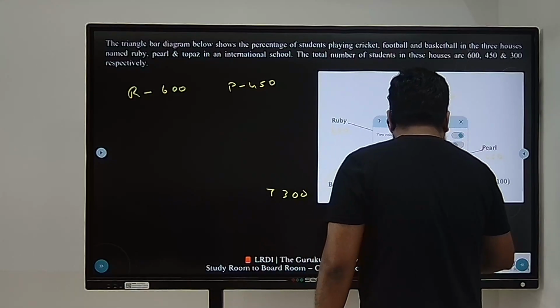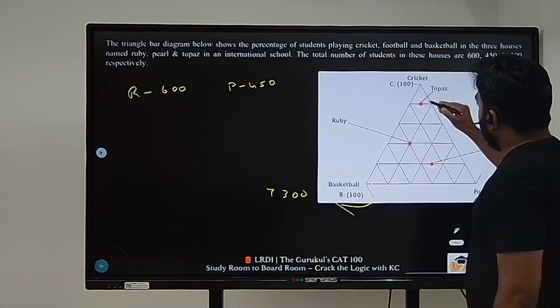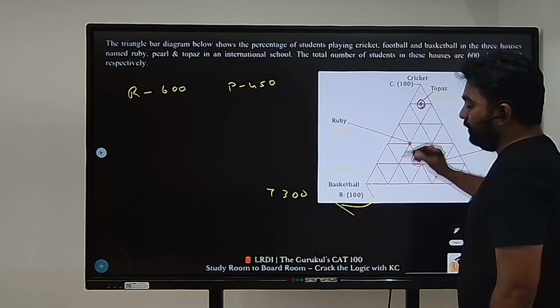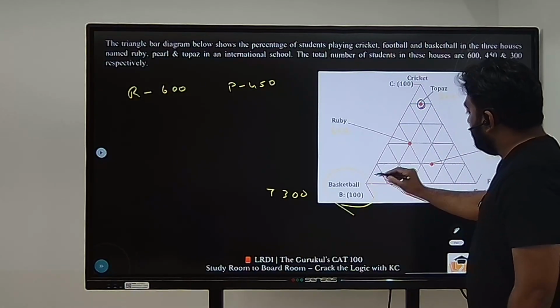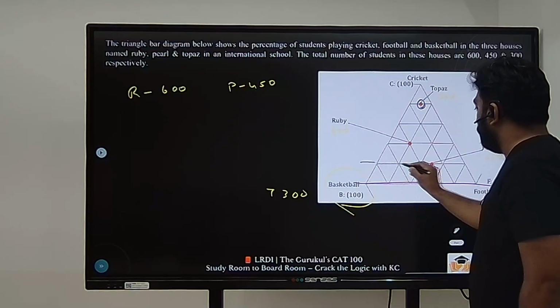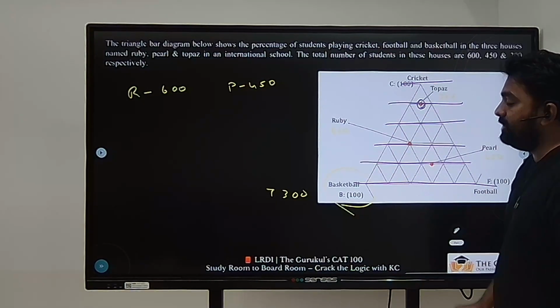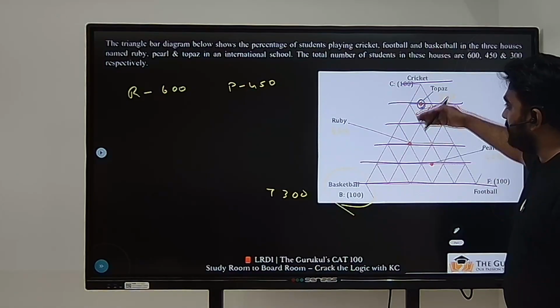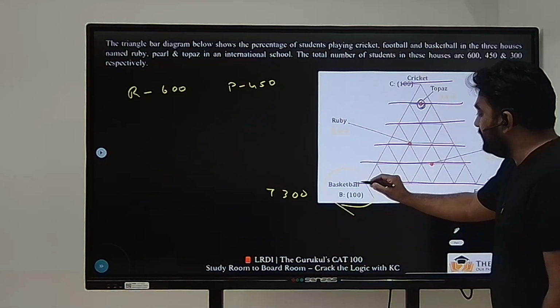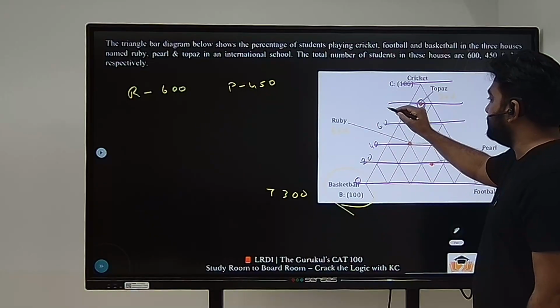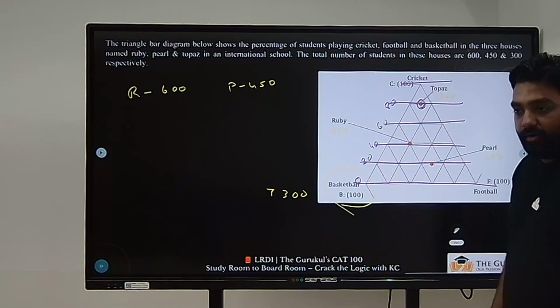Let's see carefully. For example, if I'm having this T over here, this is the ground line, 1, 2, 3, 4, and the last one is 100%. So from here, we'll start counting. This is my 0%, this is 20%, 40, 60, 80, and 100.